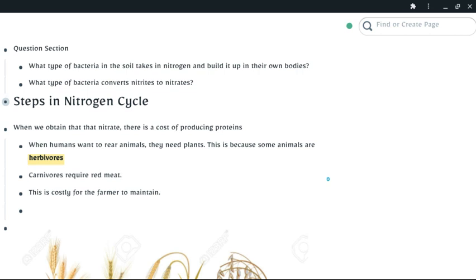More often than not, the animals that they like to eat eat plants, like cows, goats, and stuff like that. You understand? Okay, so that is why it's costly to produce these types of proteins, right? Okay.